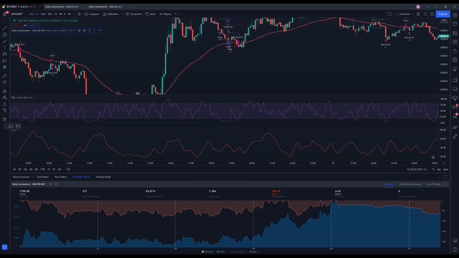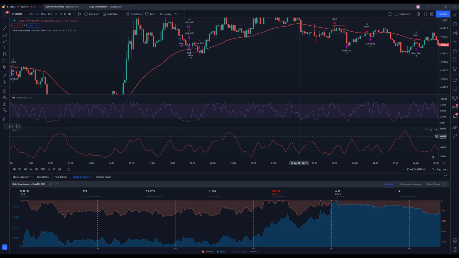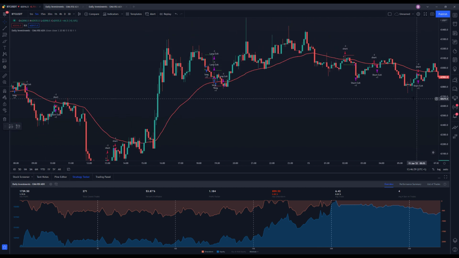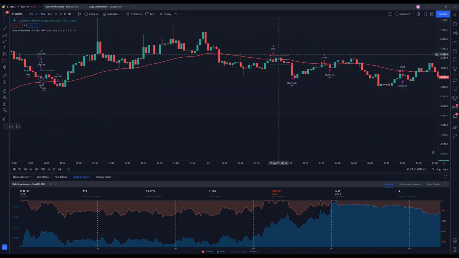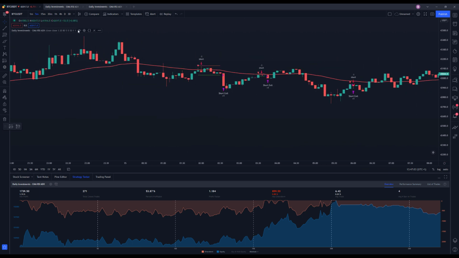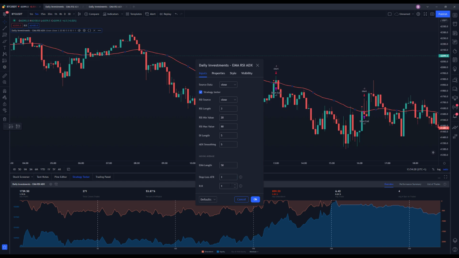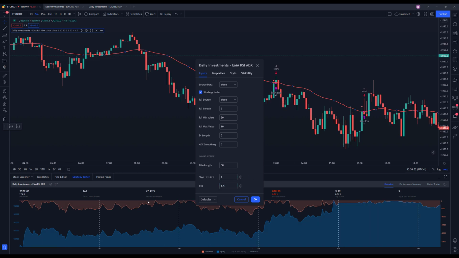So if you turn on the strategy tester, it will show you a lot of things. It shows an entry, a take profit, and a stop loss. You can change that by changing the risk reward and the ATR. But if you set the risk reward on 1.5, the percent profitable decreases a bit.